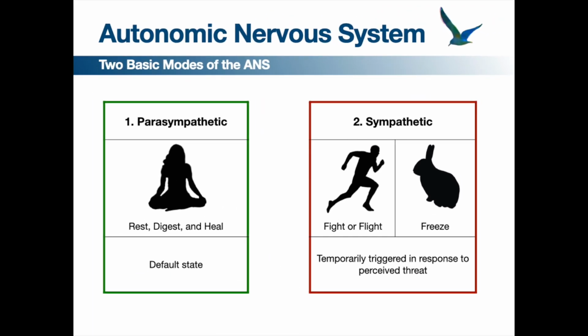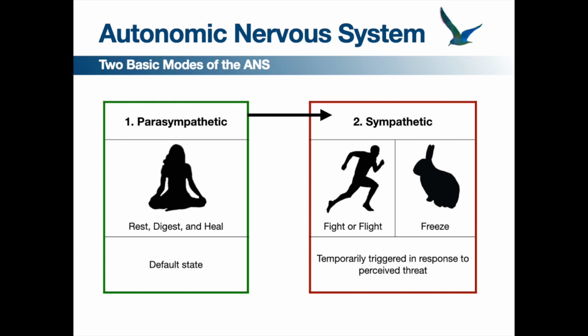Our story begins with a basic description of the autonomic nervous system, or ANS. The default mode is parasympathetic, commonly referred to as rest, digest, and heal. This is the mode that we should be in a majority of the time.